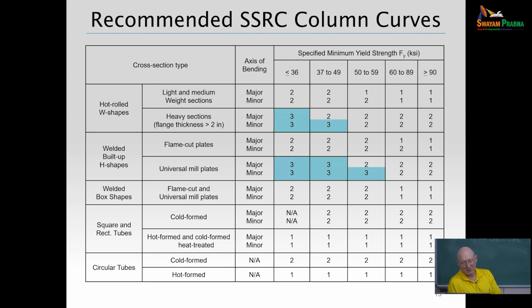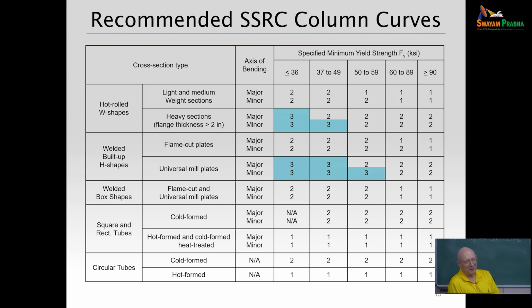If we're looking at cases with lower strength steels, lower than grade 50, this is all in imperial units, so less than 345 megapascals yield strength, and it's a heavy hot rolled section, particularly with minor axis bending, then curve 3P is probably the one we should be using. If we have welded, built up H shapes with universal mill plates, particularly minor axis bending, we really should be using curve 3.